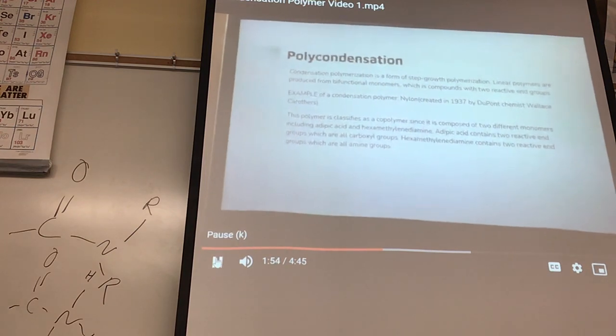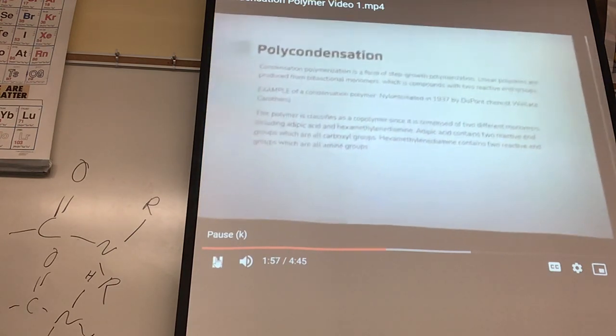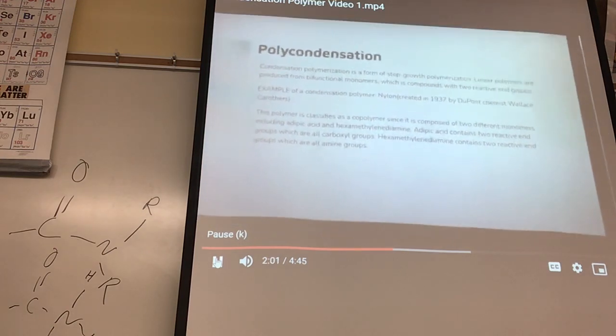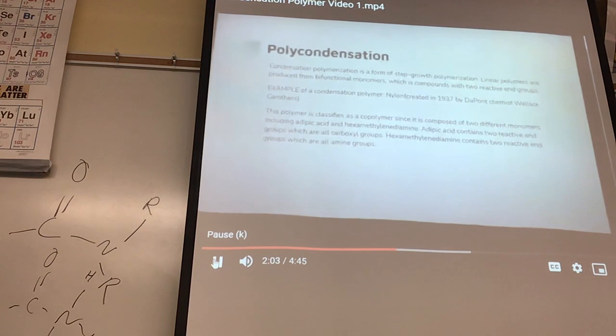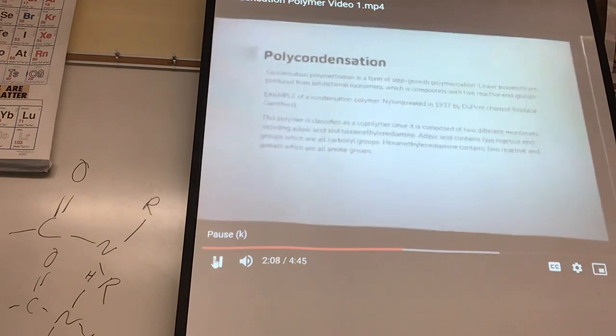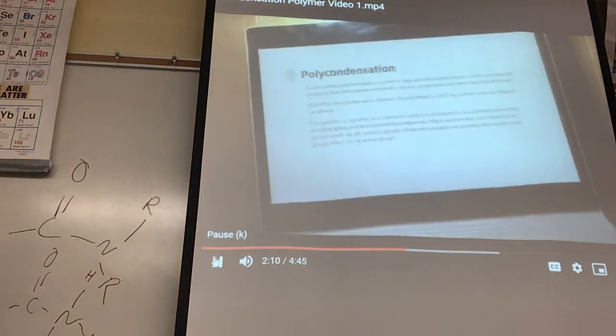Adipic acid contains 2 reactive end groups, which are all carboxyl groups, and hexamethylenediamine contains 2 reactive end groups, which are all amine groups. It looks at the packet.